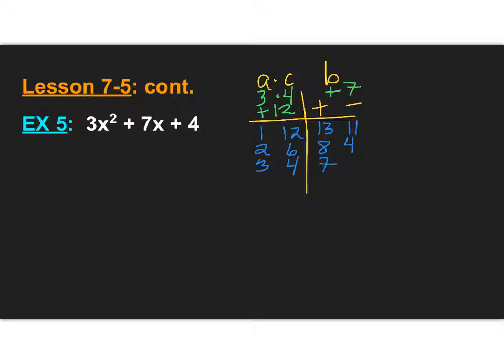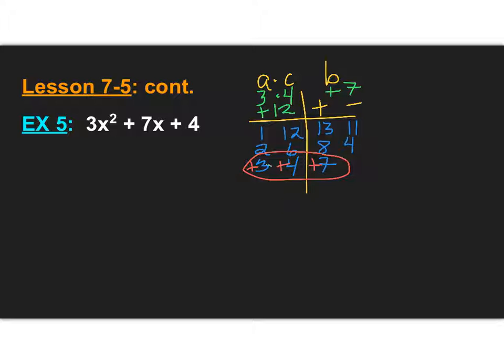We add, we get 7, and there it is. So we're going to use those numbers. And again, use your brain. Notice how there are no negatives here, so there cannot be any negatives here. And 7's positive. We have a positive product, which means we have to have the same signs. We're adding in the addition column, which means we have to have the same signs. So all the signs have to be positive.